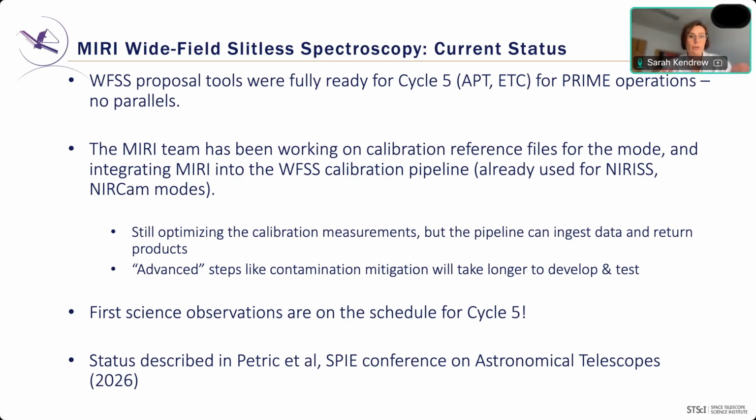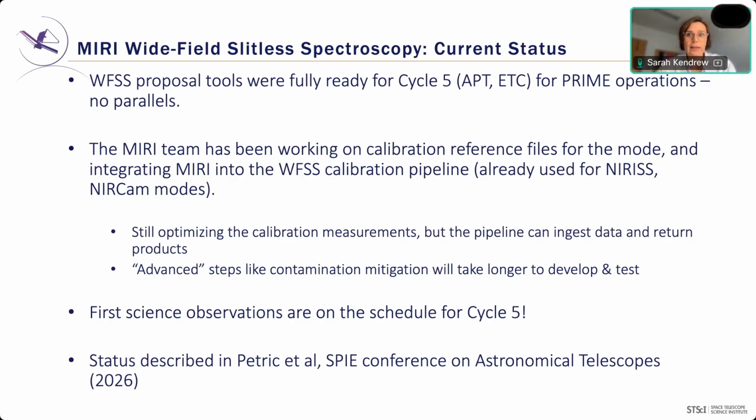For more details about the status and the calibration data, do check out Andrea Petrick's paper, which is on the archive and which I linked on that front slide. There you can see examples of the calibration data and how we're working with it. And as the other presenters have said, calibration data is publicly available as soon as it's taken, so you can access those in the archive as well.